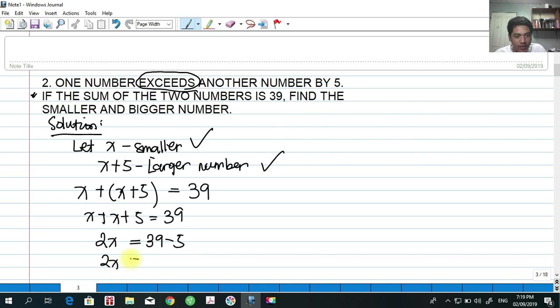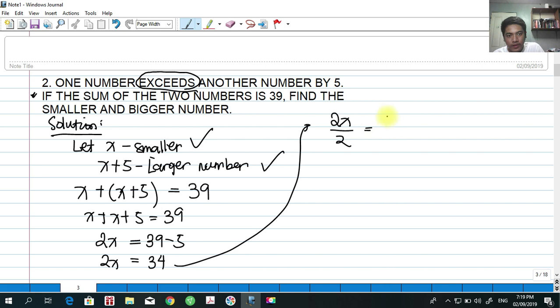So we have 2x equal to 39 minus 5, that is 34. If we divide both sides by 2, 34 over 2, this would cancel. x is now equal to 34 divided by 2, which is 17. And this is the smaller number.